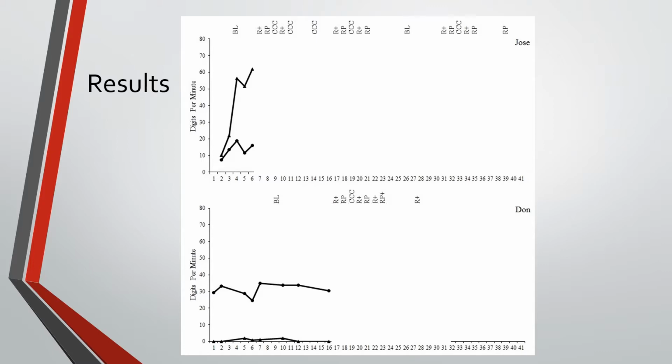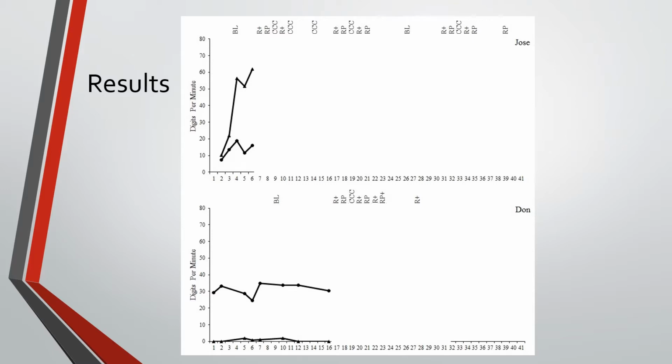And so getting into the results, here are the data for Jose and Don. And so the triangular data points represent the digits incorrect per minute, and the circular data points are their digits correct per minute. And so if we're looking at Jose, we'll see that Jose was correctly identified by his teachers as an inaccurate responder.